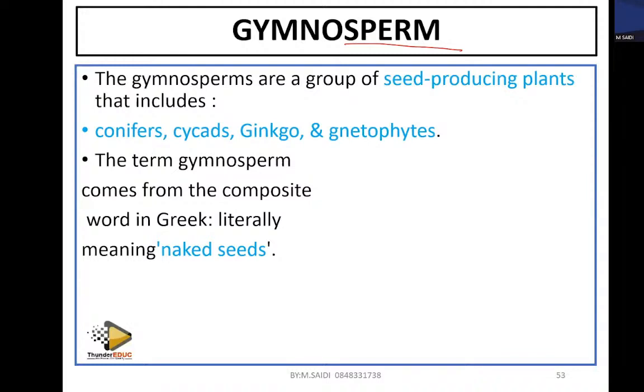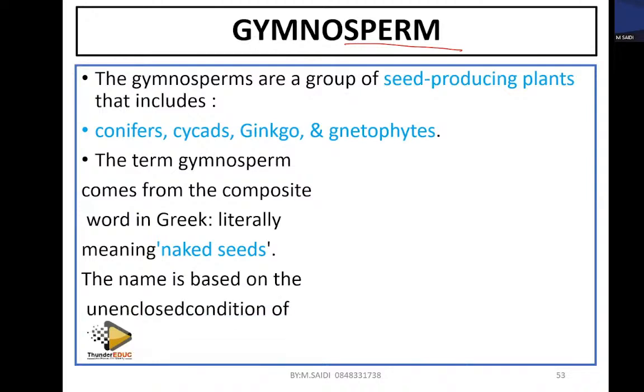When you talk about these other nuts, coconut, yes, and you can name any other nut you can think of, they have hard seeds. Then the name is based on that unenclosed condition of these seeds.